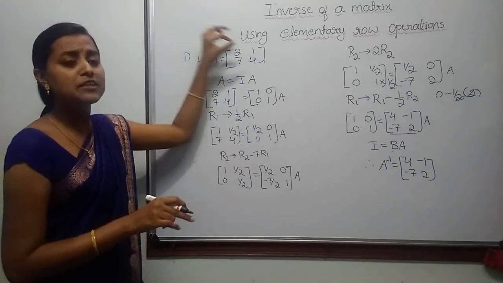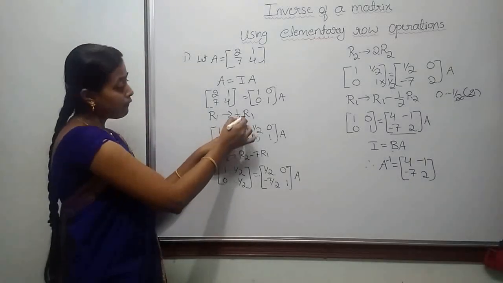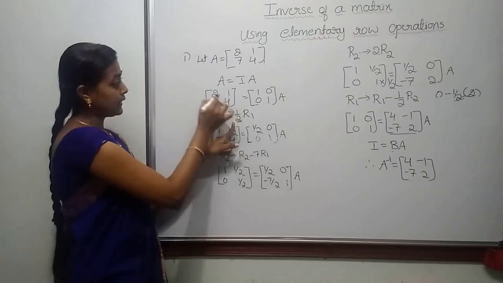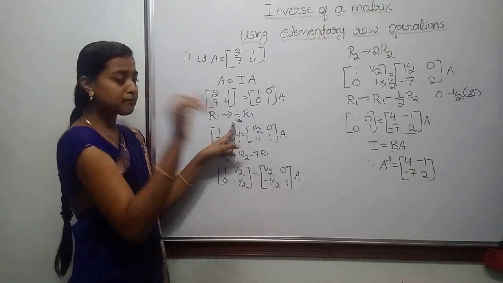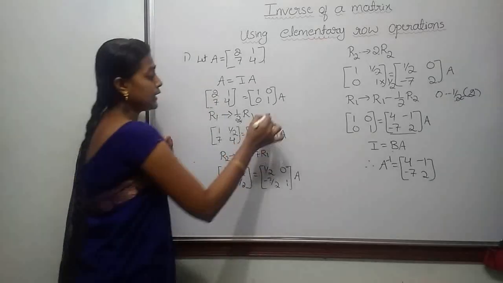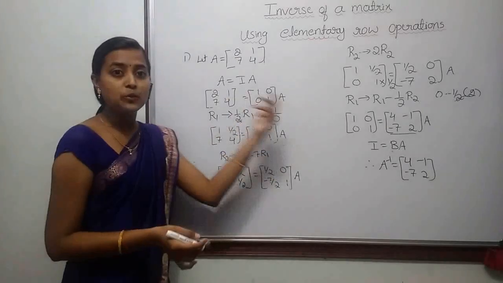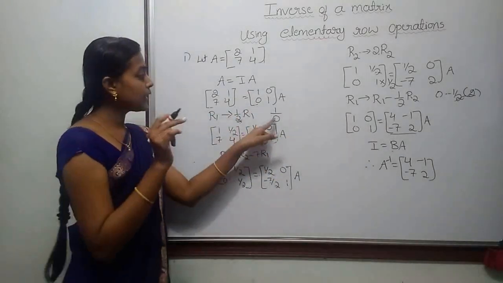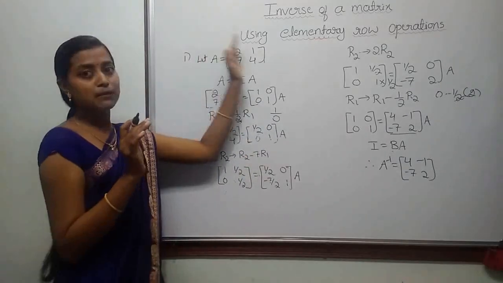What happens if the first element becomes 0? Observe here. In the first step, we are multiplying the reciprocal of the first element to R1. If the first element becomes 0, then the reciprocal of 0 is 1 by 0. 1 by 0 is not defined. We cannot apply this operation here. So to use this method, the first element should not be 0.